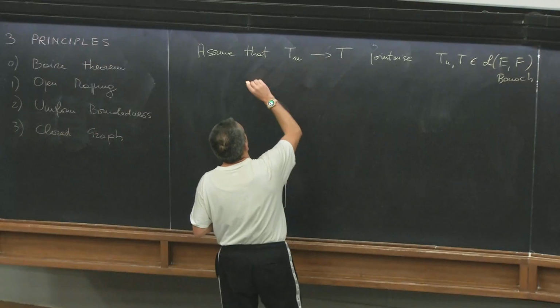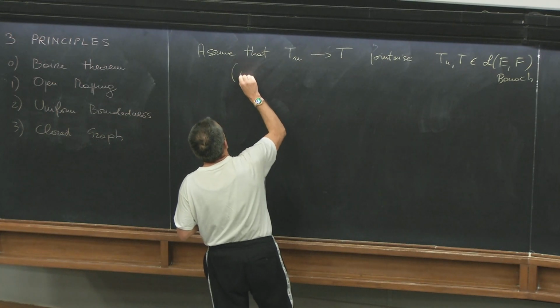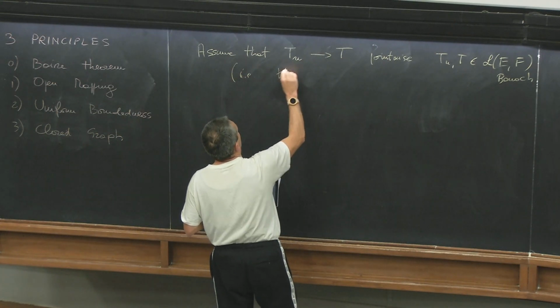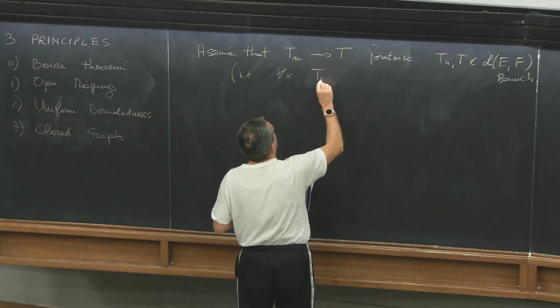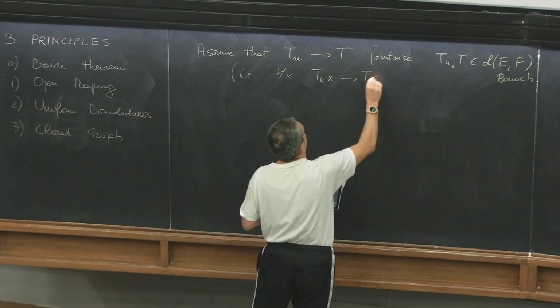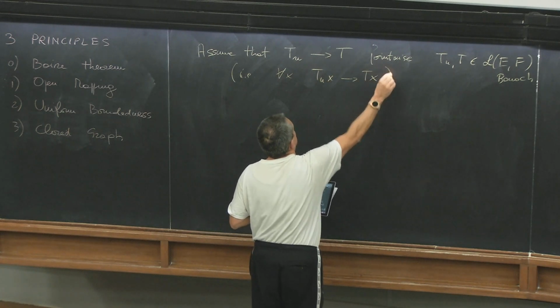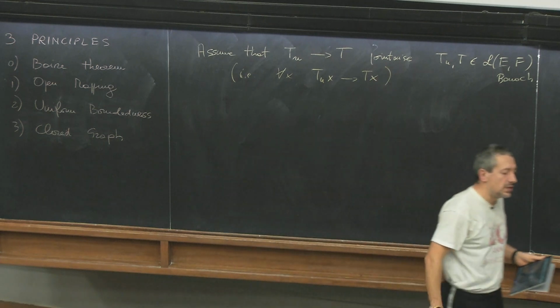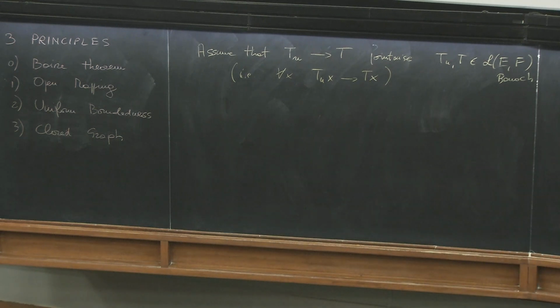So pointwise means that for all x, Tn x converges to T x.